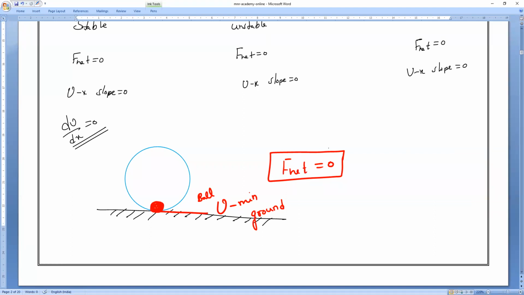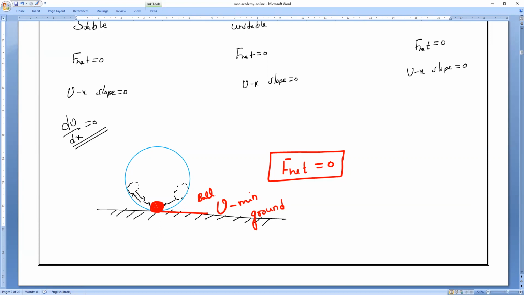That is very important. Now observe, if the ball is here and I try to push this ball, it will go to maybe this position, and after that it will come back to its original position. Am I right or wrong? Or else if I take it to this side, after going to this height, again it will come back to its original position.